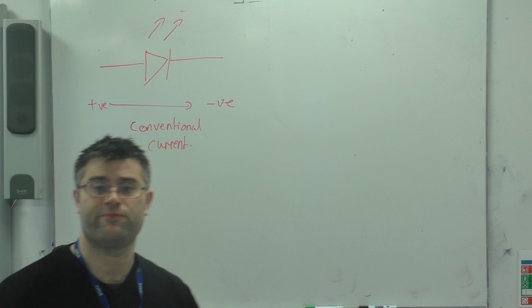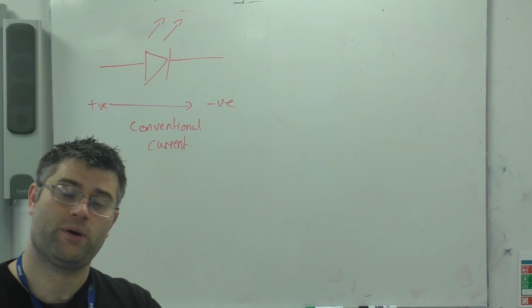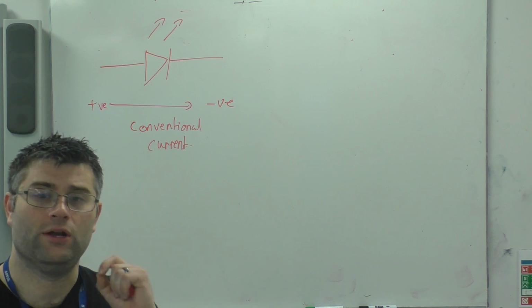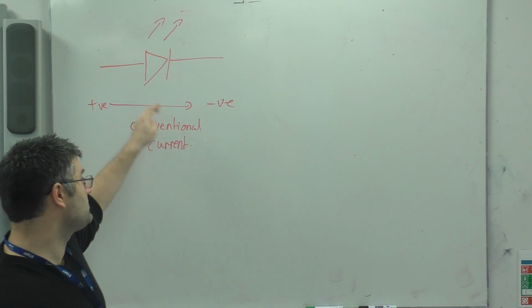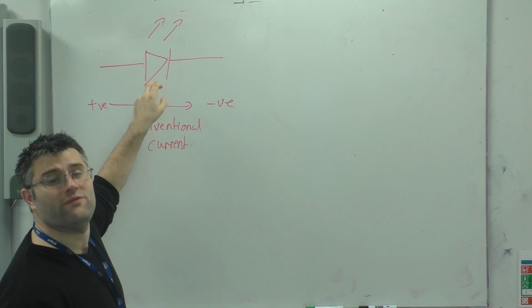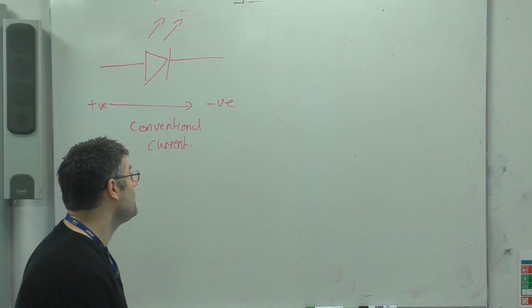Conventional current is from positive to negative. Electron flow is negative to positive. Whenever we talk about diodes and allowing current to flow, diodes allow current to flow in the direction in which the arrow is pointing. You need to remember that.